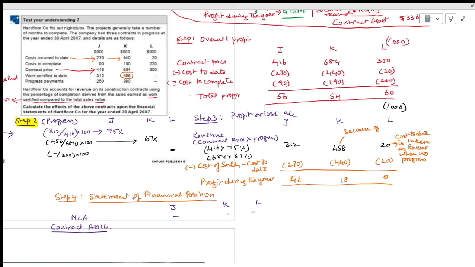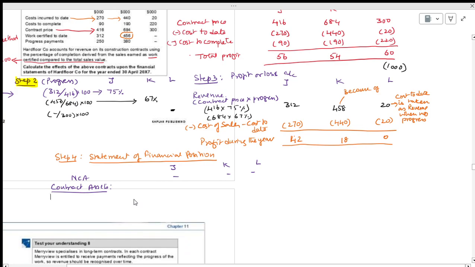We will never use current asset here, but it is almost similar to current asset only.